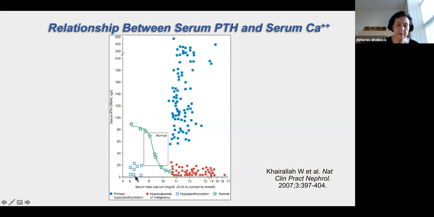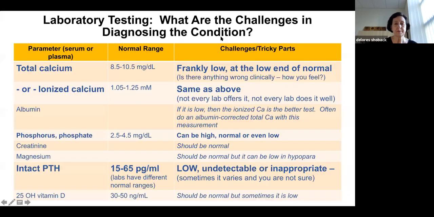So you can see the calcium's low and the PTH is either frankly low or it's touching this normal range, okay? But these folks with hypopara are not in this normal box, because if you have a low calcium like this, your PTH, if you're normal, should be way up here, okay? So that's the relationship. It's a very important relationship between calcium and PTH.